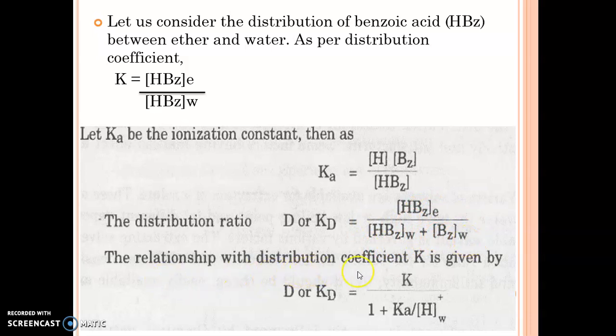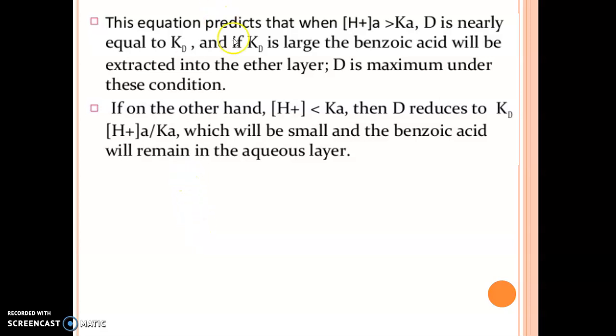The relationship with the distribution coefficient K is given by D equals K divided by 1 plus Ka divided by [H+] in water. So this is the relationship between the distribution coefficient and the distribution ratio. This equation predicts that when the hydrogen ion concentration is greater than Ka, D is nearly equal to K, and if K is large, the benzoic acid will be extracted into the ether layer.